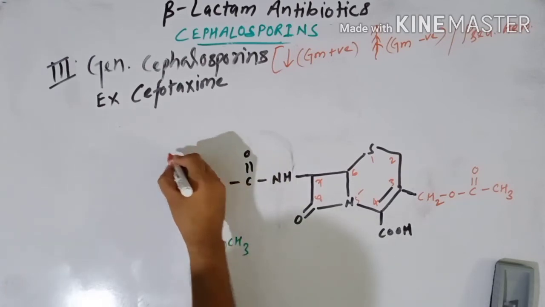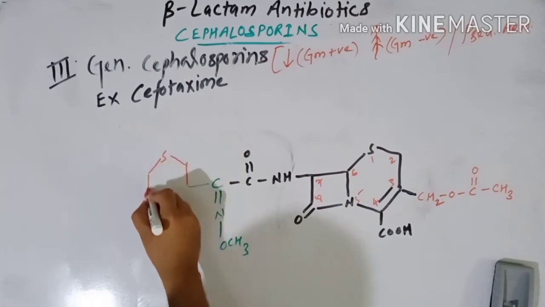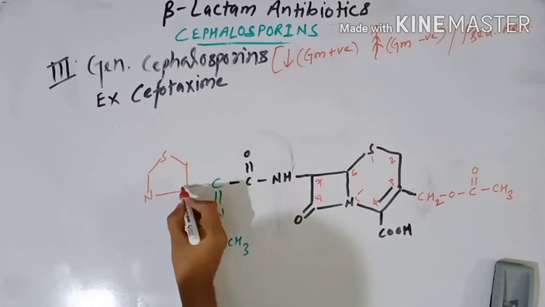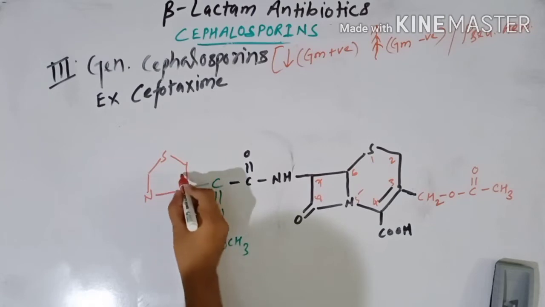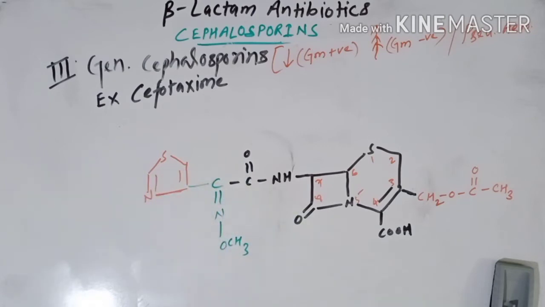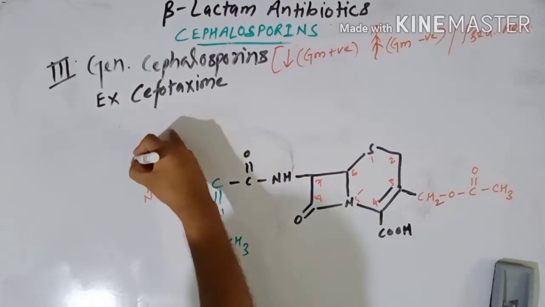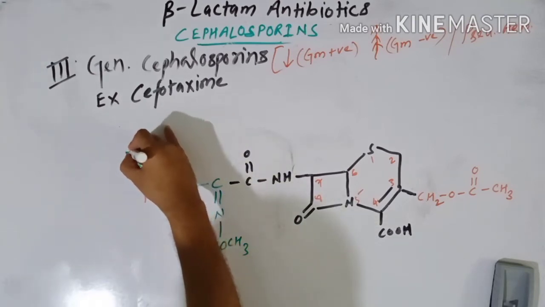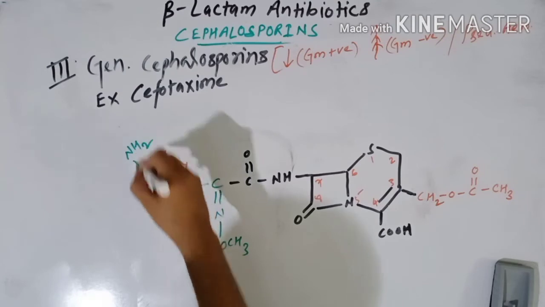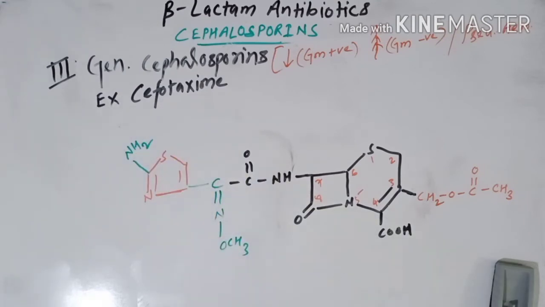This is your sulfur, thia, and this is your nitrogen, azole, and this has two double bonds over here, and one more functionality is there. You have to memorize this functionality very importantly. Amine group is there, NH2. So this is the structure of your cefotaxime.